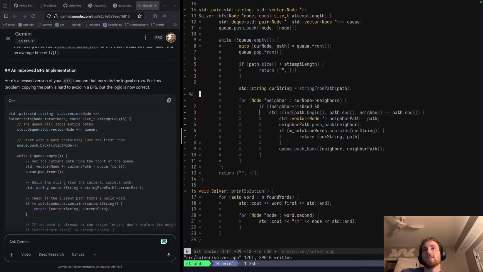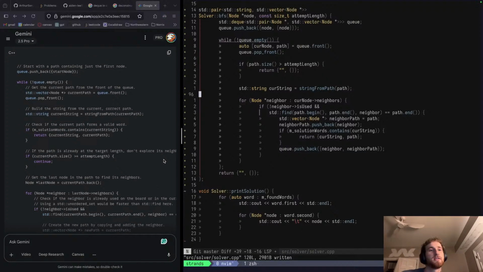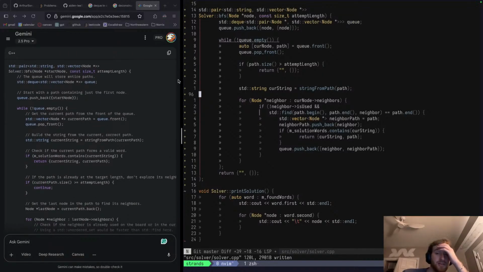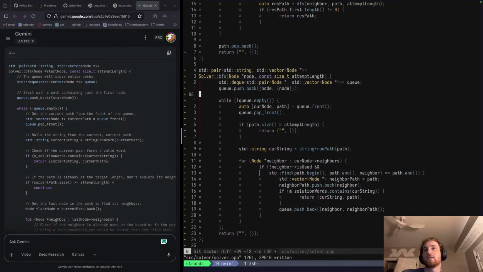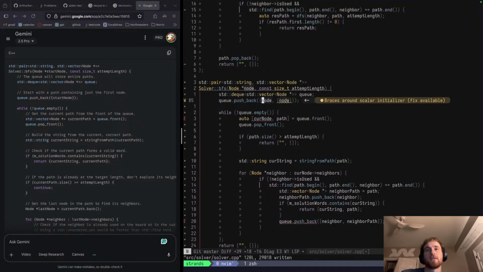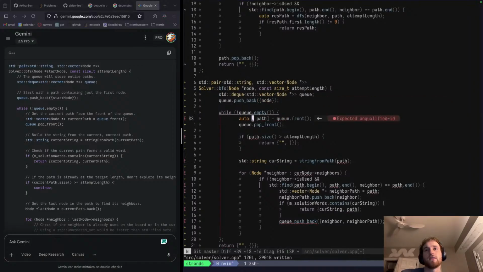Why am I storing the node too? We could just look at the end of the node and then look at those neighbors. Yeah, what am I doing, actually? That's so stupid. Wait, be nicer to yourself. Okay, so we would just need this. We would just need this. Then we could take path.